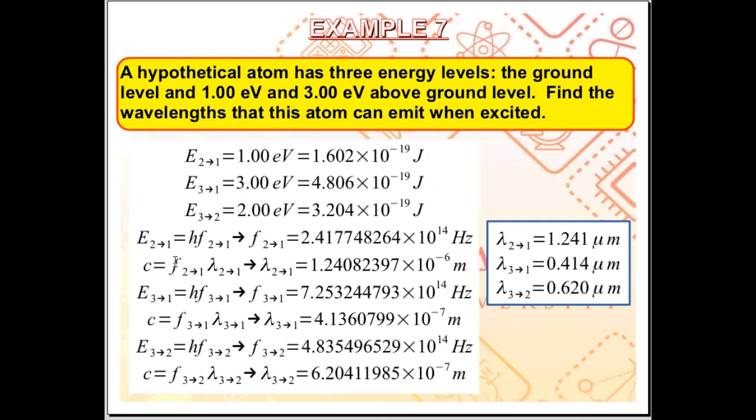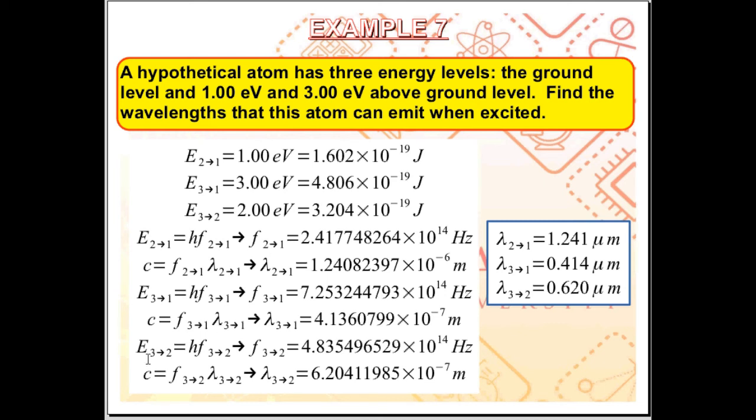You have f2 to 1, 2.4177 48264 times 10 to the 14 power hertz. For E3 to 1, you have f3 to 1, 7.253244793 times 10 to the 14 power hertz.